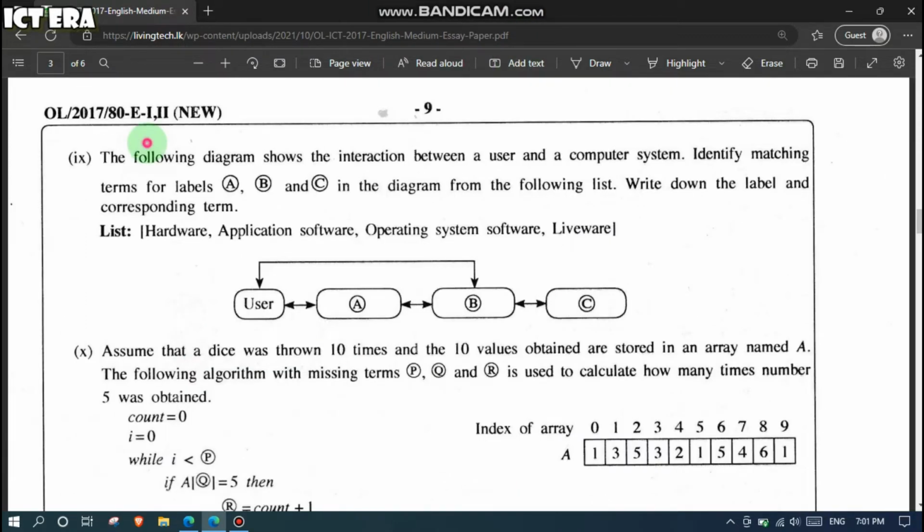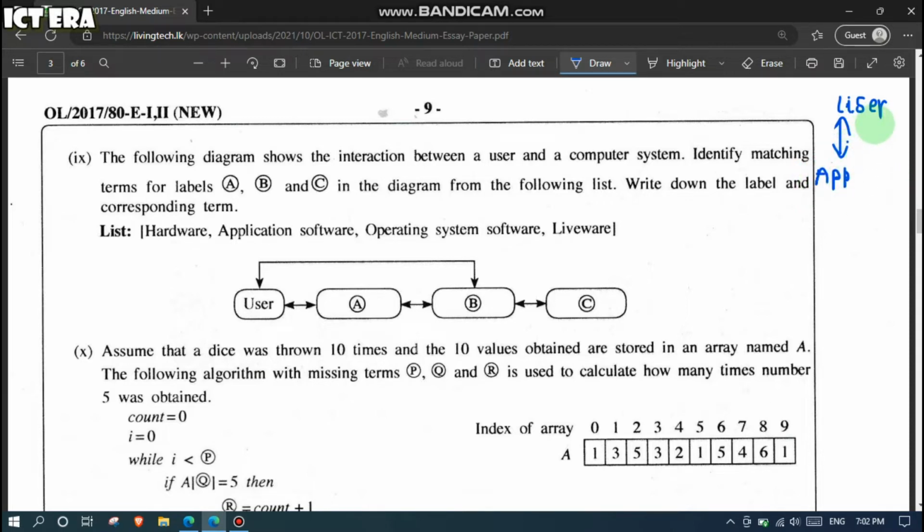So today we have to discuss from Roman number 9 onwards. So let's discuss. The following diagram shows the interaction between a user and a computer system. Identify matching terms for labels A, B and C from the following list given. So we know there's a chart to show interaction between user and the computer system. We drew it. User interacts with application software.